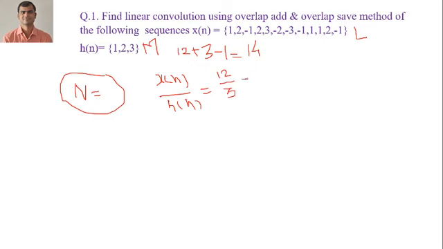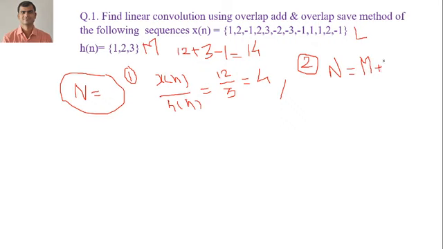So this is my first method. If we get the answer in decimals, like 2 point something, 3 point something or 4 point something, then don't consider this method. The second method is: capital N, that means the block length or section length, is equal to the samples of h of n, that is capital M, plus 1.